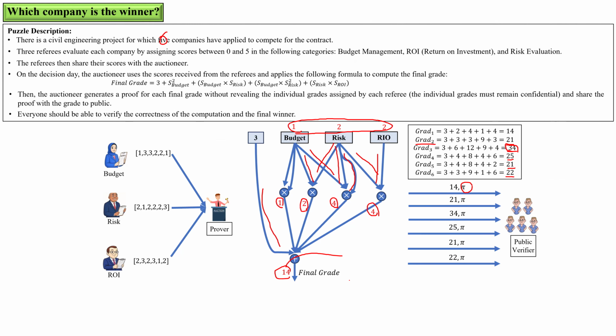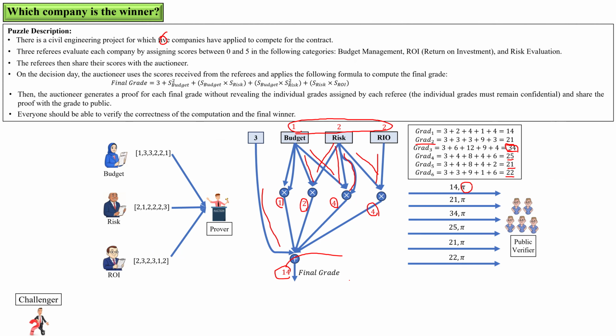So we can consider the auctioneer as a prover, and now the auctioneer wants to convince the verifier that I know the input of the secret circuit. When you can convince the output of the circuit, which is the final grade, is computed correctly based on the circuit, right? So this is a zero knowledge proof scenario.